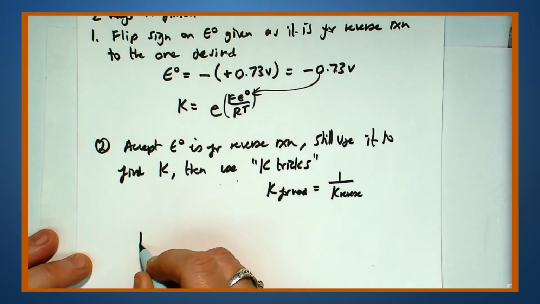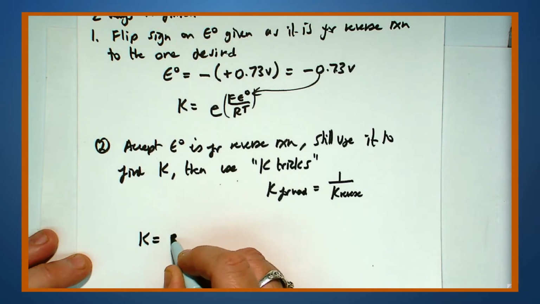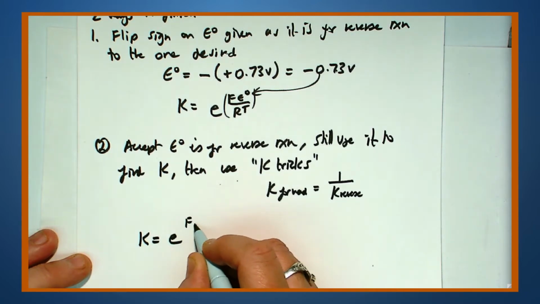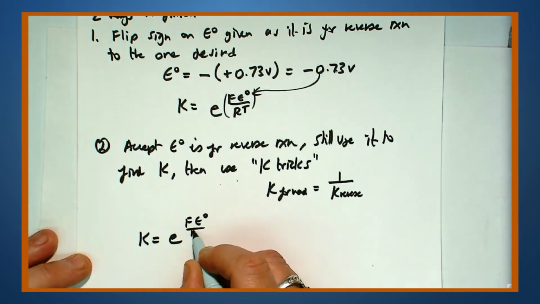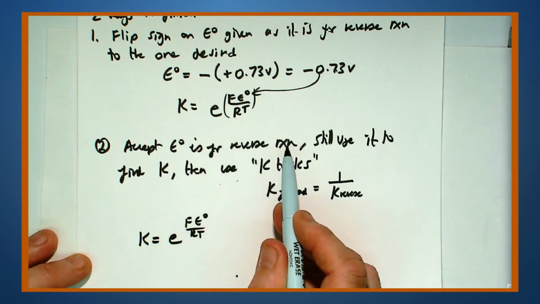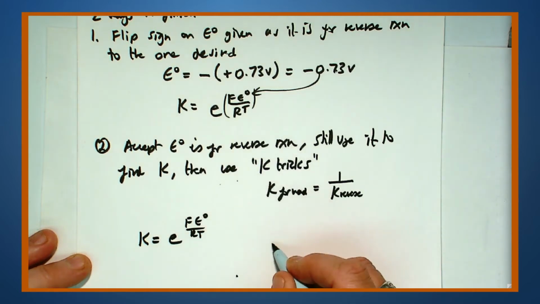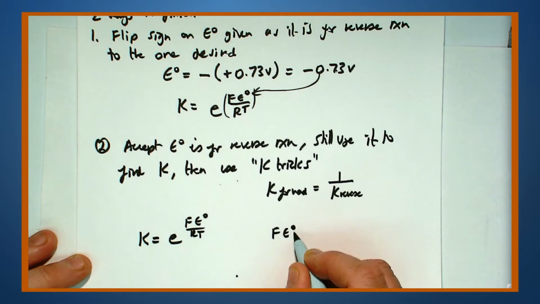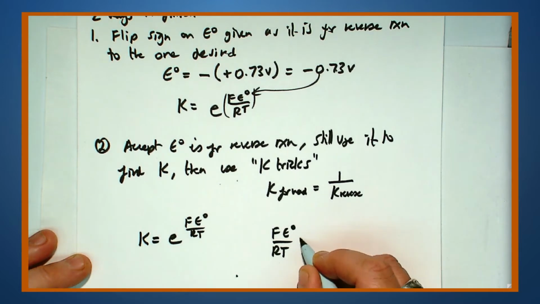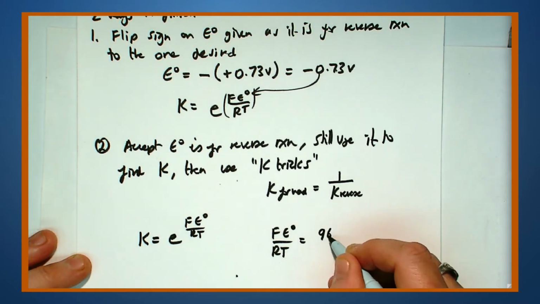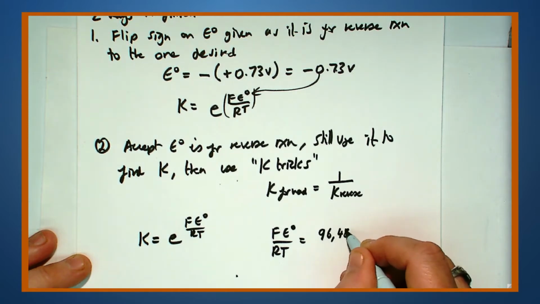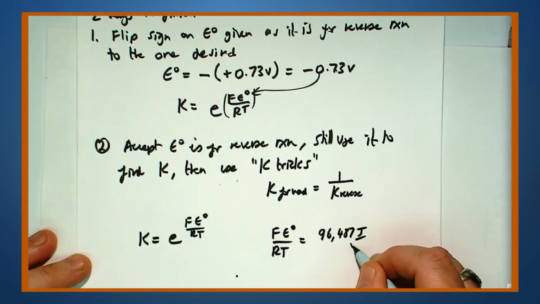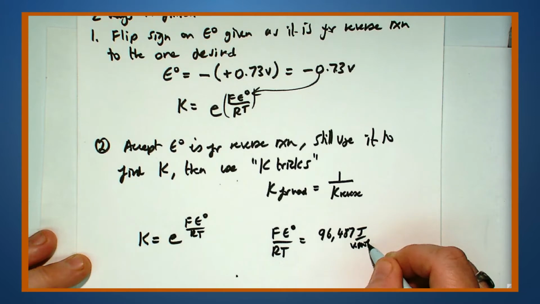All right, so K equals e to the F E0 over RT. So I'm going to use the original value, F E standard over RT. Let's see what we've got there. 96,487 joules per volt mole electrons.